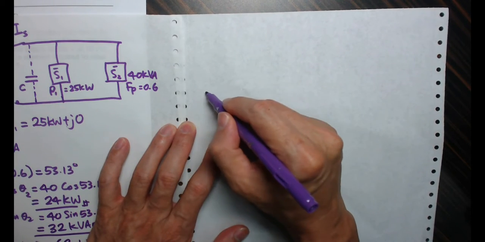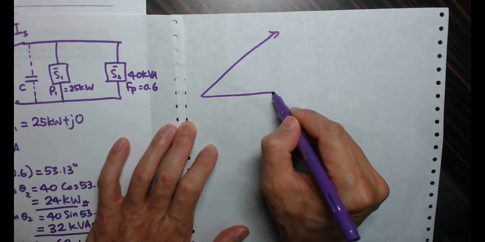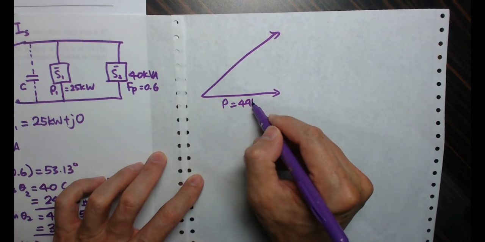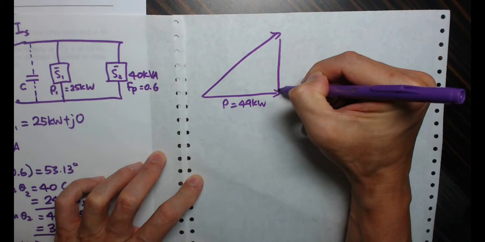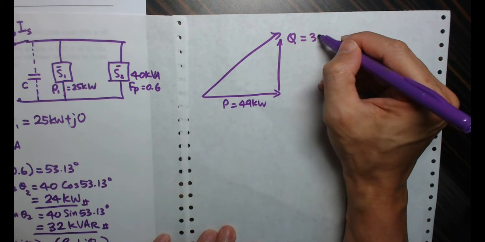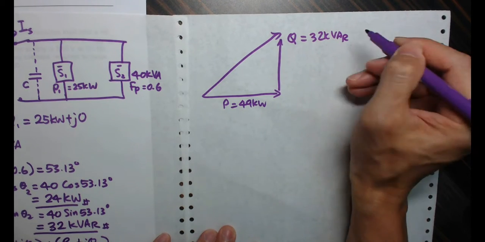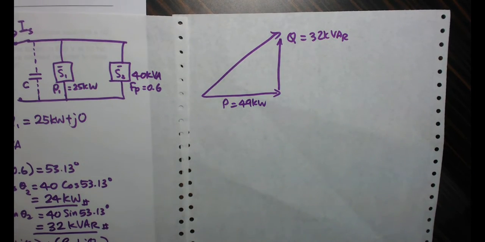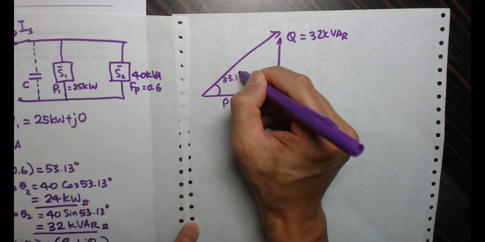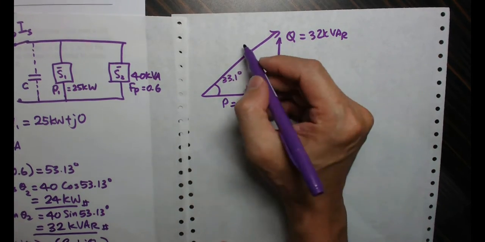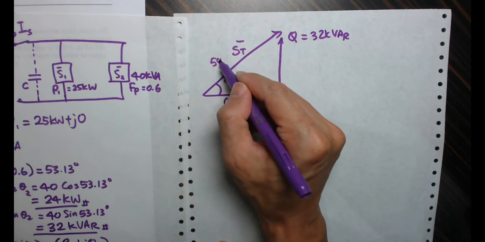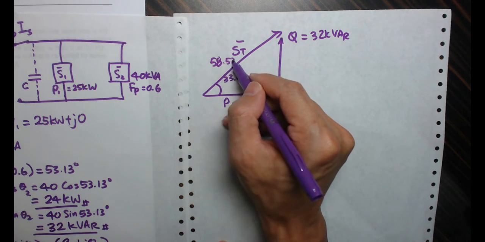So the power diagram will look something like this, where P is 49 kilowatt and Q, the overall reactive power, is 32 kVAR. The angle is 33.1 degrees, with the overall apparent power of 58.52 kVA.